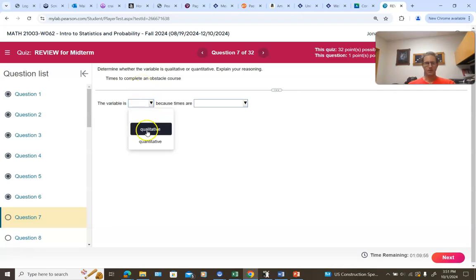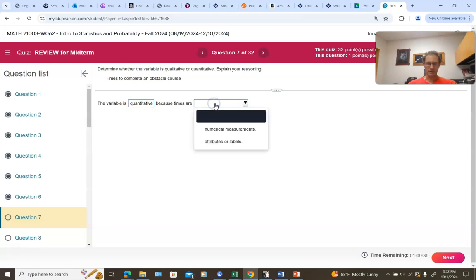Okay, and the data here is actually a measurement. It's a measurement of time, so we know measurements comprise quantitative data. Okay, so the variable is quantitative because the times are, well, here you go, numerical measurements.